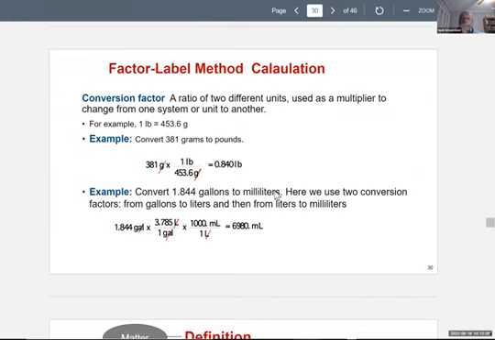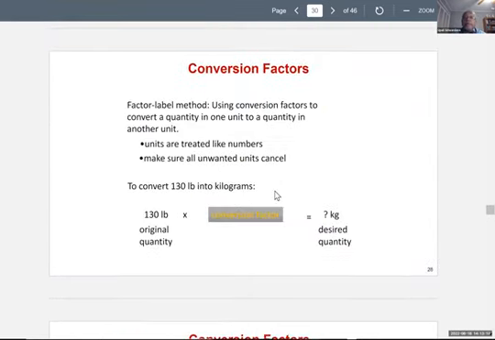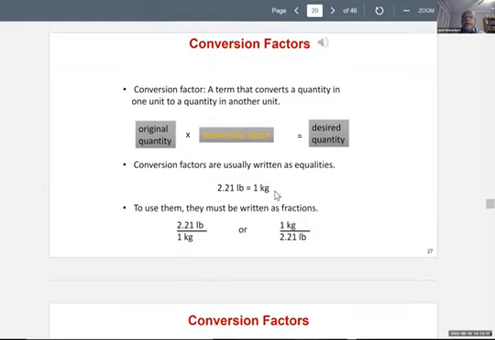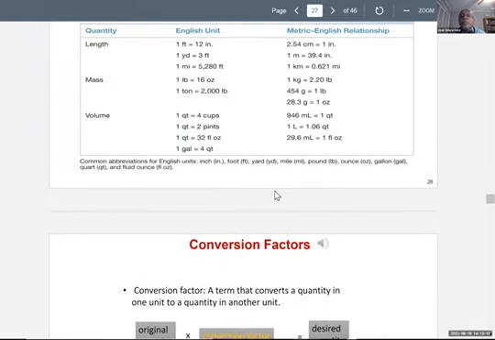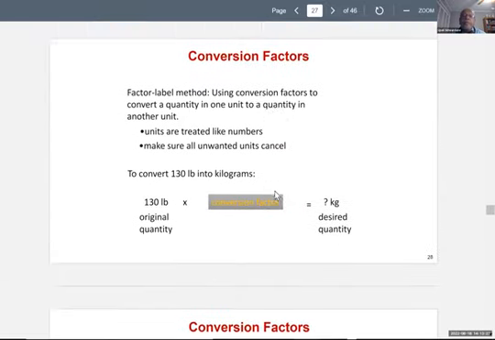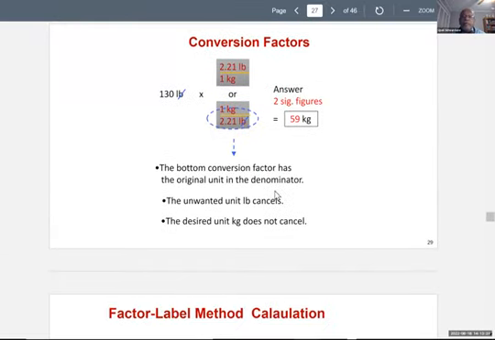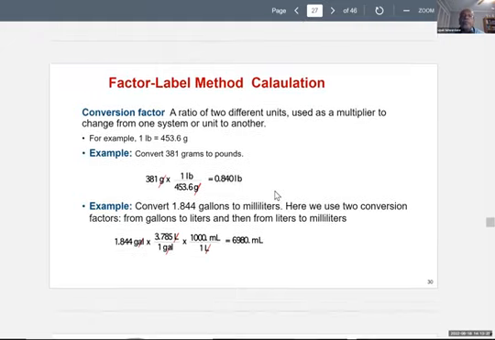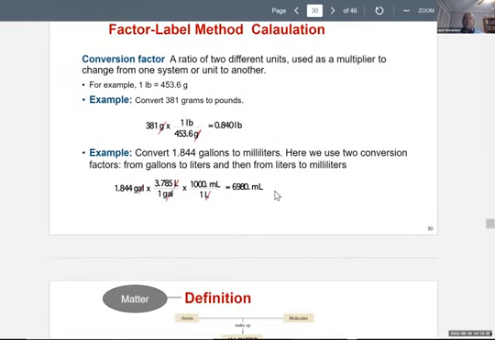It depends on the value given. 454 is rounded off there. It doesn't matter; whatever value you were given in the problem has to be used. Therefore, 453.6 doesn't have significant digits.